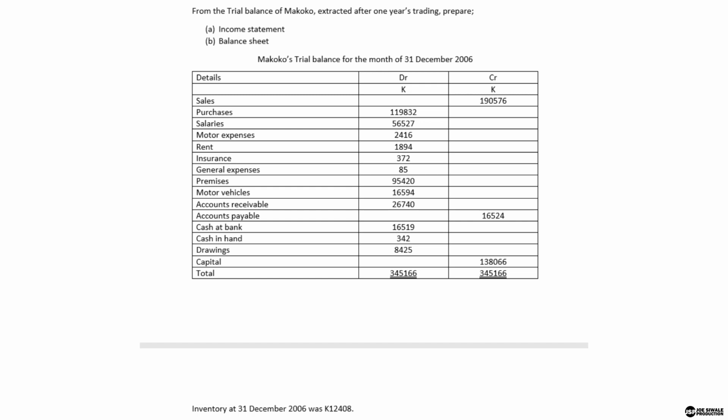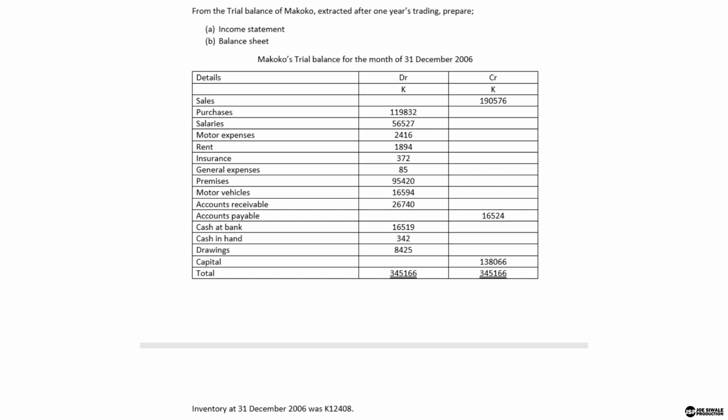We have capital amounting to 138,066. And our totals on the debit side and on the credit side is 345,166. Then we have been given inventory. Inventory at 31st December 2006 was 12,408. And our first question A, we have been told to prepare the income statement.